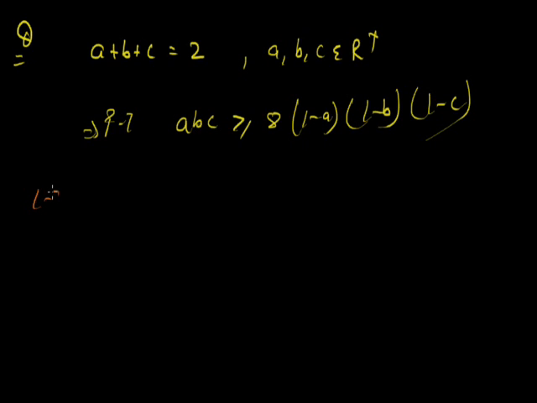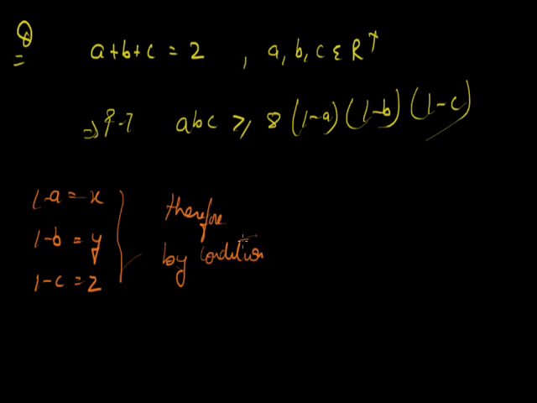Let me assume 1 minus a equal to x, 1 minus b assumed to be y, and 1 minus c assumed to be z. Okay? And therefore by this condition, I can say that c is equal to x plus y, b equal to x plus z on solving, and a equal to y plus z.